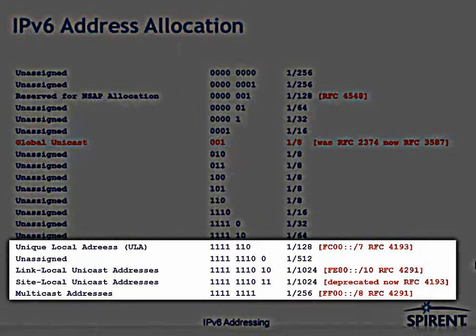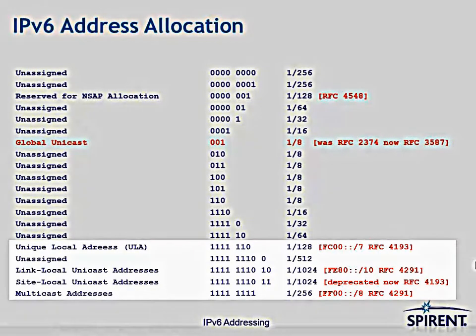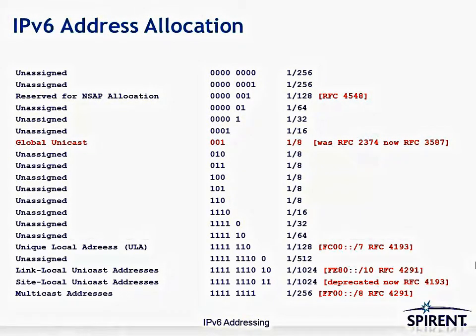There are a few other blocks, smaller portions of the address space, which have been allocated for things like unique local addresses, link local, and the multicast address space. Obviously, there are many blocks, many available IPv6 addresses that are not even being currently allocated today, and who knows if and when they ever will be.